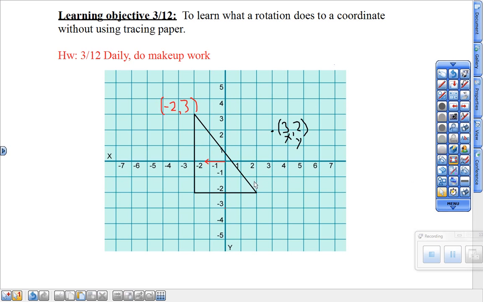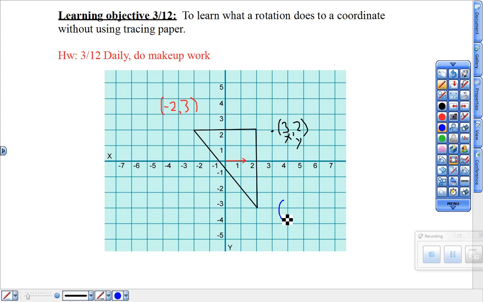If I take that same object and I rotate it the other direction, so from here starting at 3, 2, if I take that and rotate that around the origin 90 degrees clockwise, I end up down here at this point, and that coordinate for x and y, if I look at it, is the point 2 for x, -3 for y.